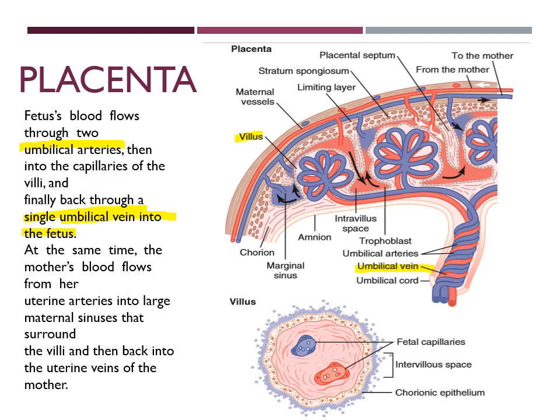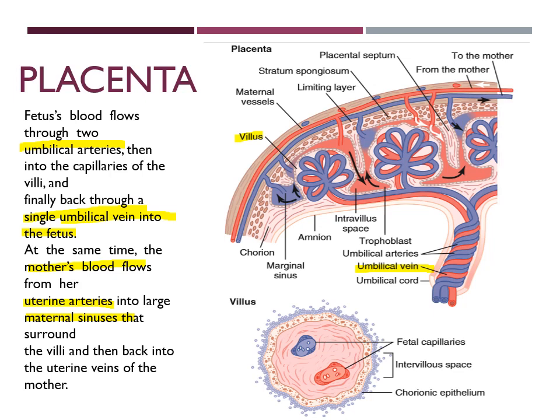At the same time, the mother's blood will flow from her uterine arteries into large maternal sinuses. So from the mother there will be sinuses, and from the fetus there will be villi.